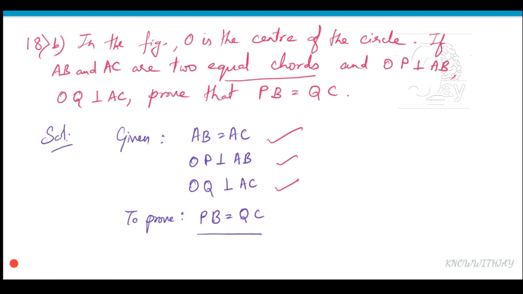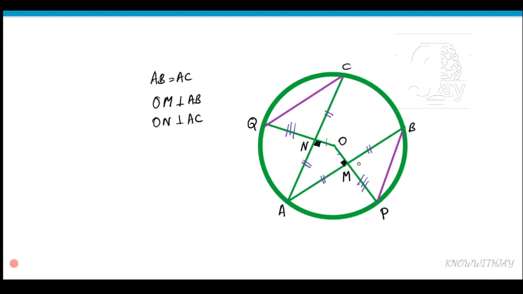Now let us see the figure. In this figure we can see O is the center of the circle. Then we have chord AB and chord AC, both are equal. So half of AB, that's MB, and half of AC will also be equal, that's NC. Again, OP and OQ are the radii of the circle, so they're equal.